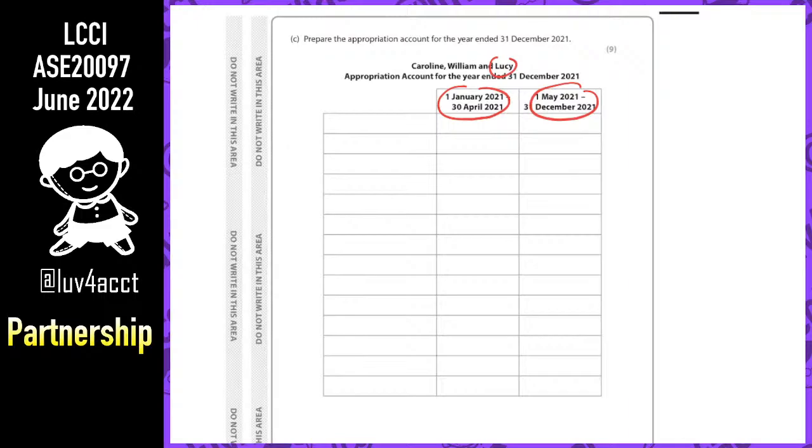So we have to apportion the appropriations. Nice. So 9 marks for the appropriation account.